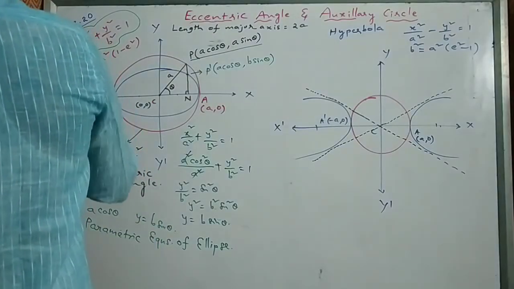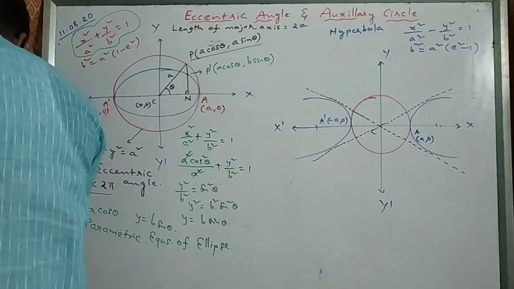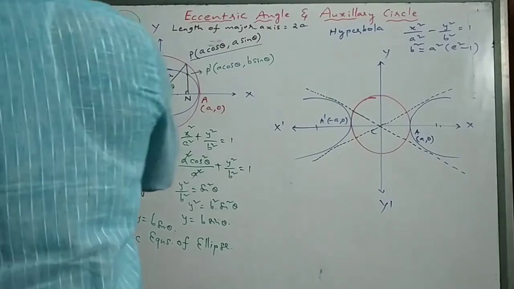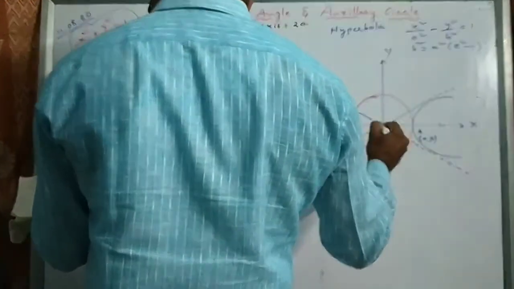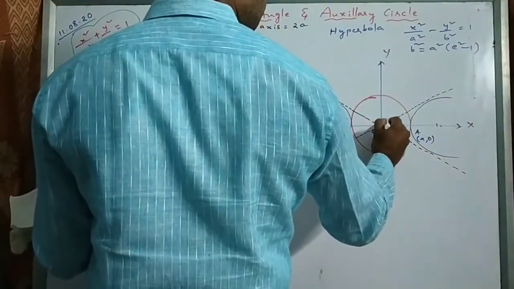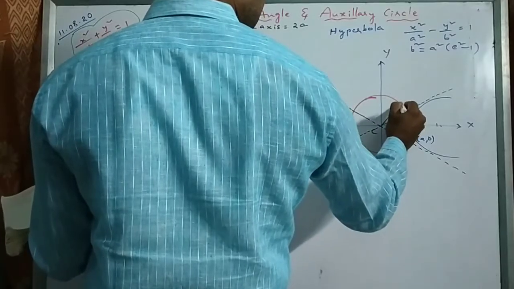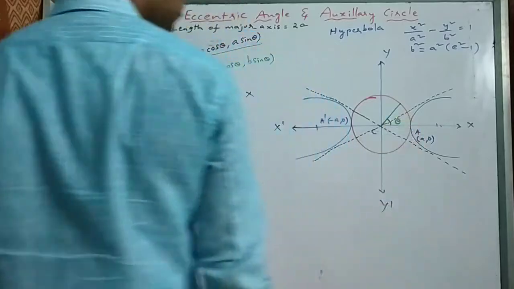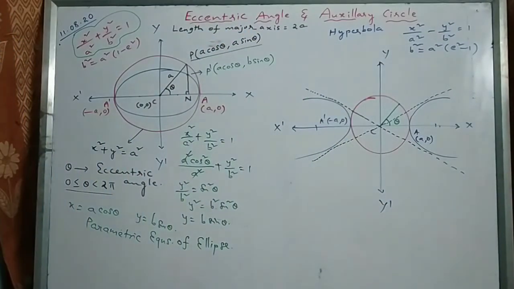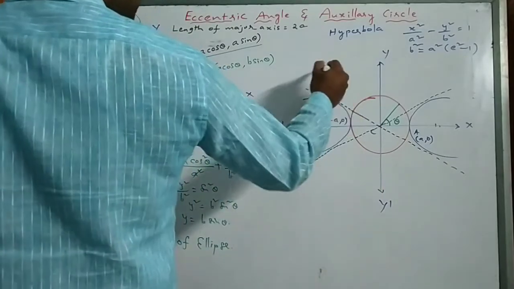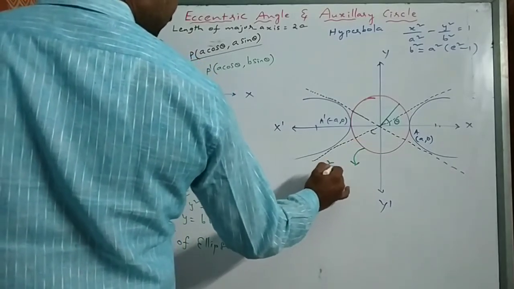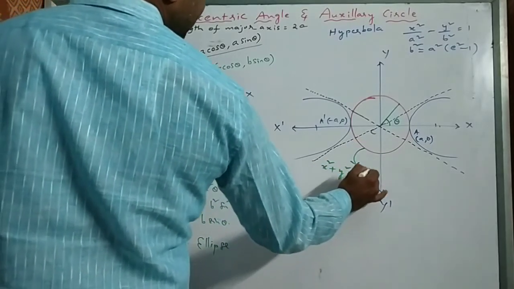Now suppose I am taking again one radius of the circle like this. This is radius of the circle. This line is making some angle theta there. That is called eccentric angle of the hyperbola. Here also the equation of the auxiliary circle is same, x square plus y square equal to a square, right?